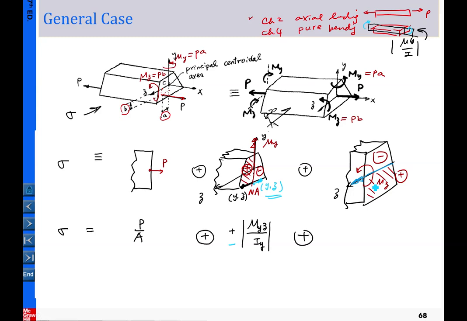Okay, then for this one again, the magnitude is the template M over I. M is the moment we apply, that is Mz. And again, we pick this point which has the coordinate yz here. The second term measures the distance between the point and the neutral axis, basically the distance here.